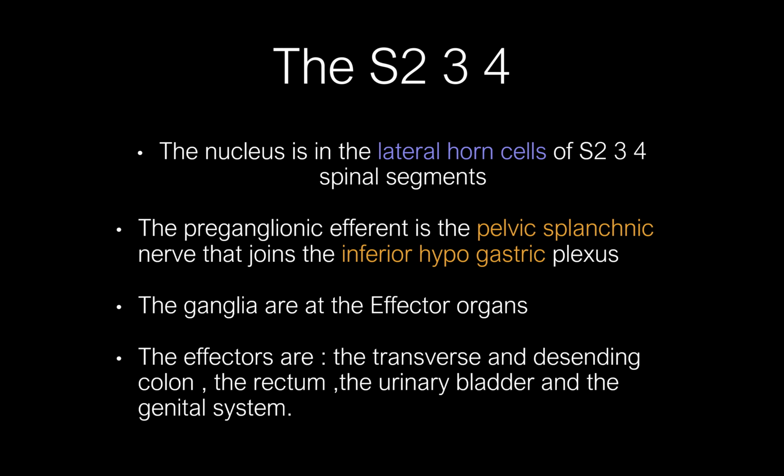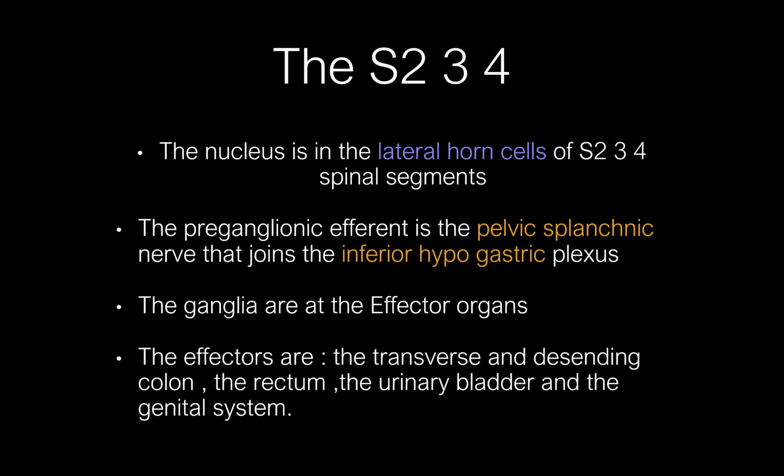The S2, 3, 4 segments have cells in the lateral horn, and the preganglionic fibers are parasympathetic preganglionic fibers. It is a long fiber called the pelvic splanchnic nerve, and they join the inferior hypogastric plexus.